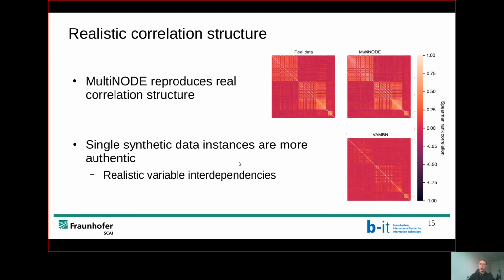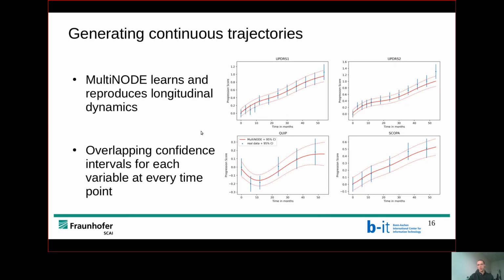Wamben, furthermore, is a model that can only operate on a discrete timescale. However, with multinode, we can go beyond the discrete timescale into a time continuous setting. And this is what we show here. So here we generated, shown in red, a longitudinal trajectory of a certain variable of the PPMI data set and compared it to the real data, here indicated by the blue bars.